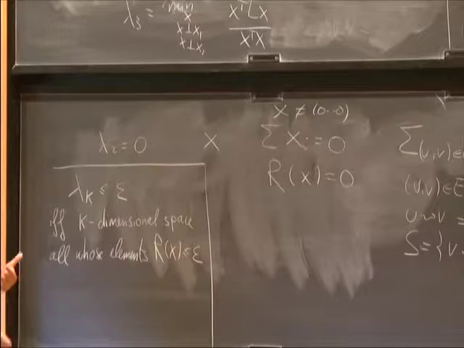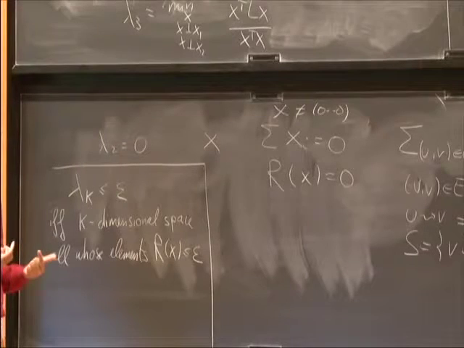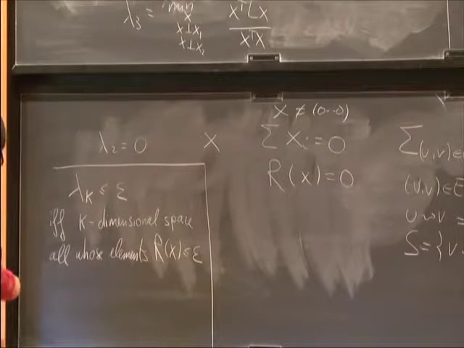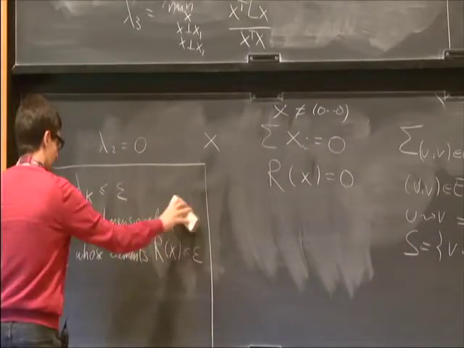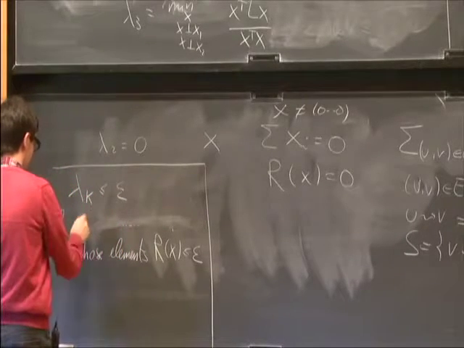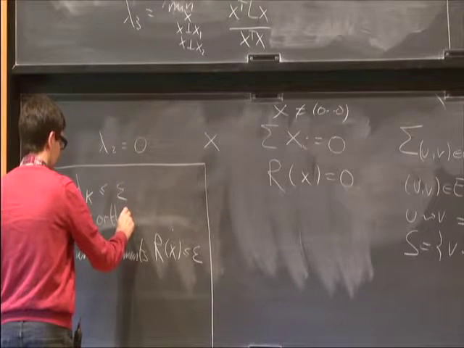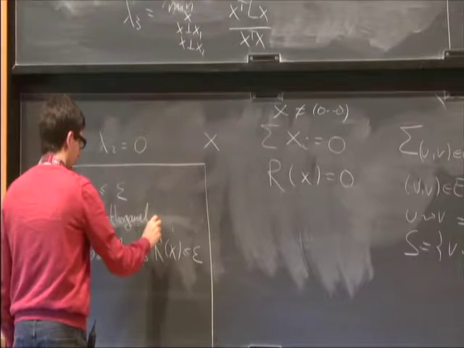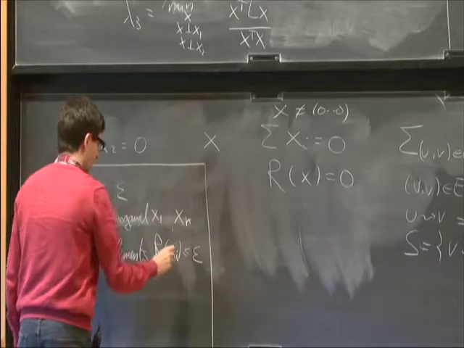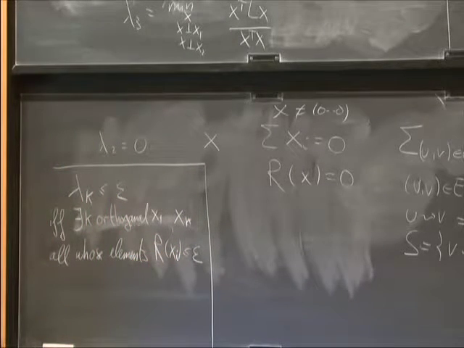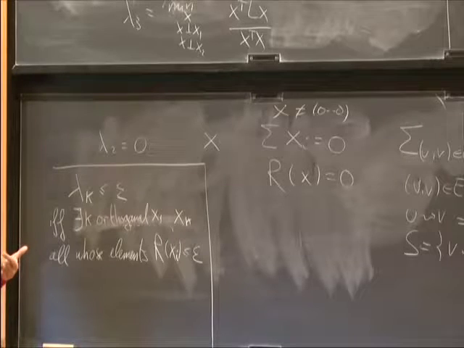Now, if the graph is disconnected, we can find two orthogonal vectors whose Rayleigh quotients are 0.